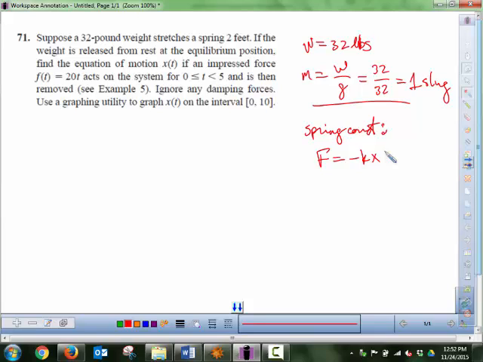I think the one with lambda is the friction, and we're going to ignore the damping forces, so we're not going to have any damping forces. But we need to find K. You sure it's not just 2?